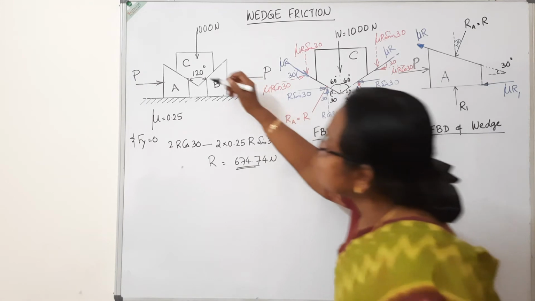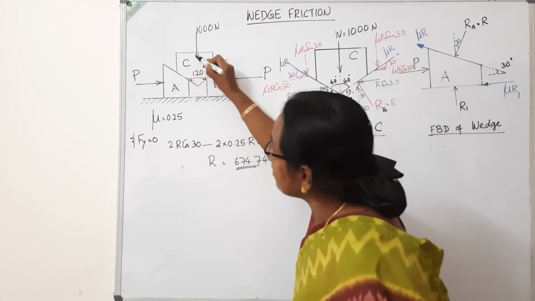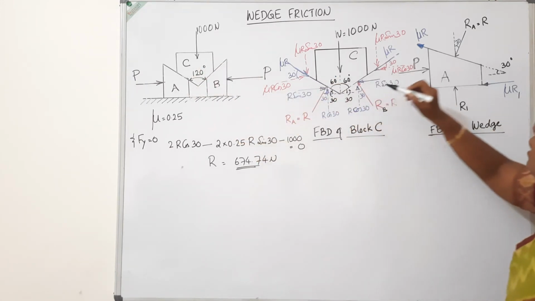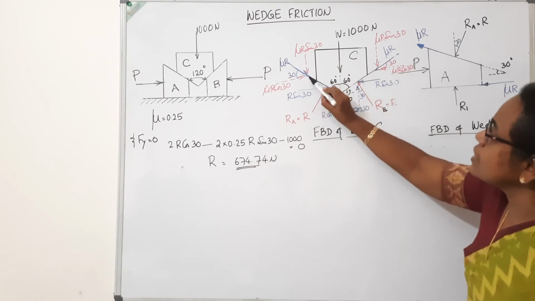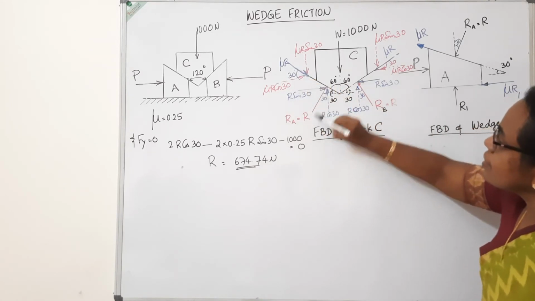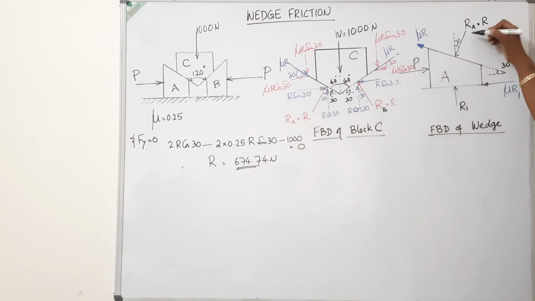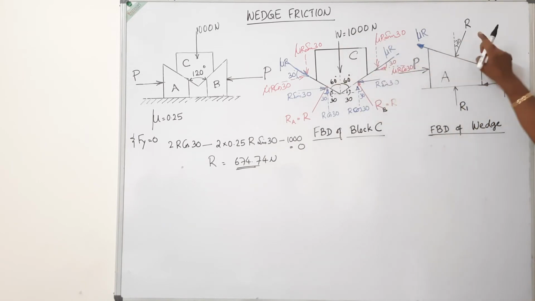Then, from C to block A, see from A to C it is in this direction, so from C to A it will be opposite. The normal reaction in this inclined surface, from this will also be R. From the surface C to A, that will be equal to R.